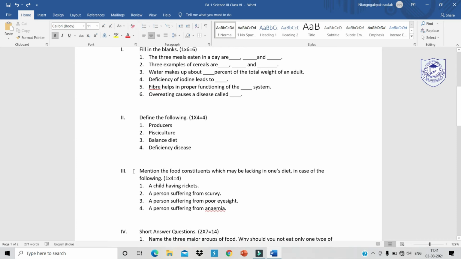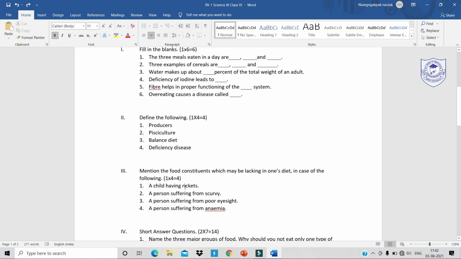And another mistake that you made is that you are not reading the questions nicely. You must read the questions, and after understanding what the question is asking, you must attempt the answers. Okay, so here many of you are writing the symptoms. Here the question is asking you about the food constituents which is lacking in one's diet.